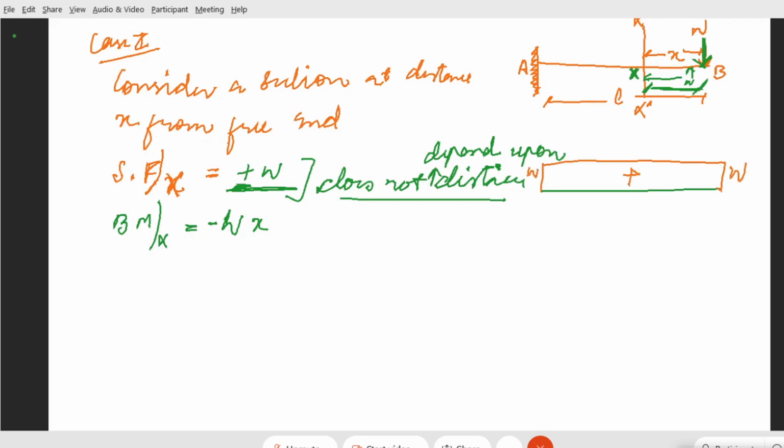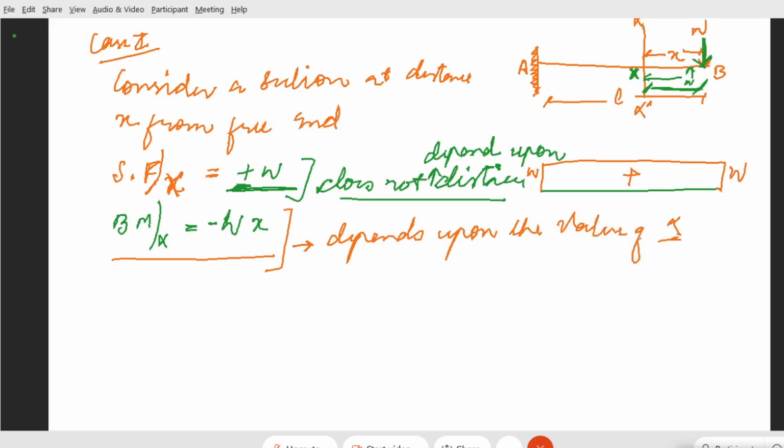And now, when you have to draw the bending moment diagram, you can see it depends upon the value of x. Now x will increase going from B to A. If it was 1, it will go to 2, 3, 4, 5, and 6, and it will reach the fixed end A. Therefore, it will linearly vary.